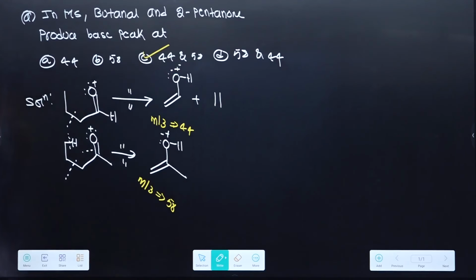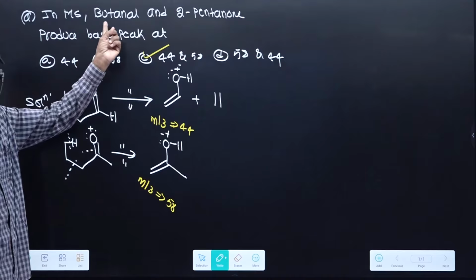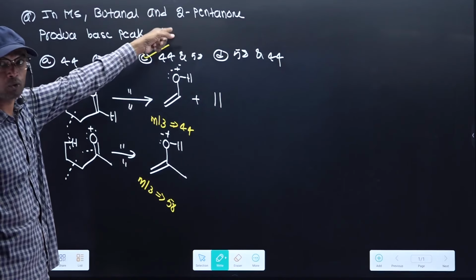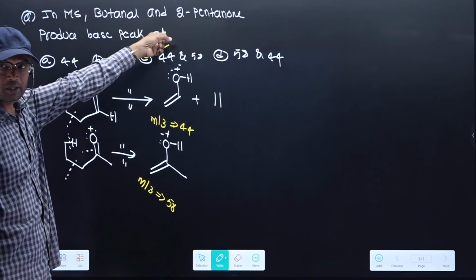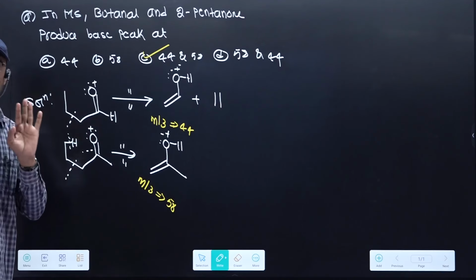In the last question, I gave butanal, pentanal. Now pentanone. That was aldehyde, now it is ketone. That is the difference. Way of asking is different. You are in the concept, but the way of asking is different. That's why you people get confused.